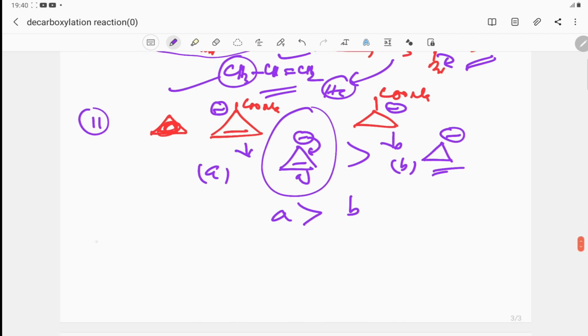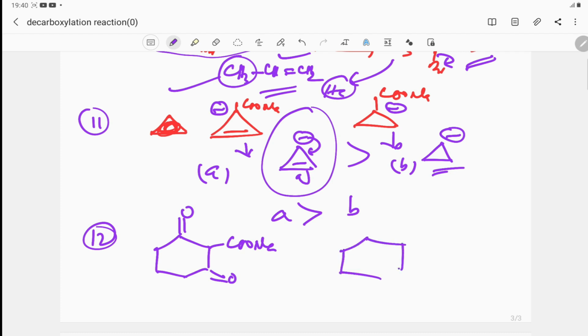Okay. Similarly, I will take another example. Suppose this is your compound, the carbonyl group is here, and this is your carboxylate ion. Then another compound, this is your carbonyl group and carboxylate ion. You will see here what happens. Two carbonyl groups are here, this is one carbonyl group, this is another, and this is the other carbonyl group. So the minus charge is produced here and here.